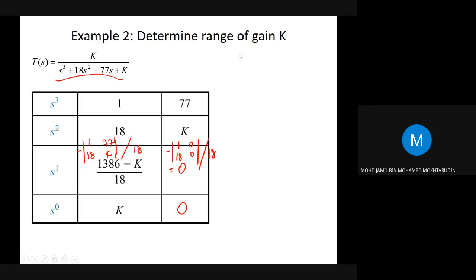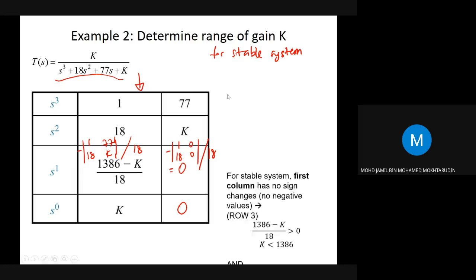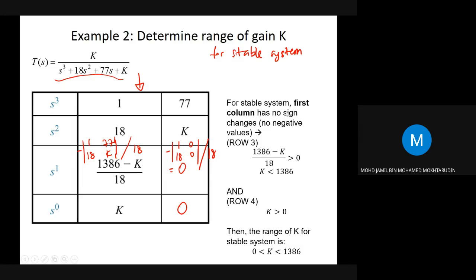So how to determine the range of K for a stable system? First you need to look at the first column, okay? For a stable system, the first column must have no sign changes, meaning no negative values. So here it's already positive. Row S3, row S2 also positive.